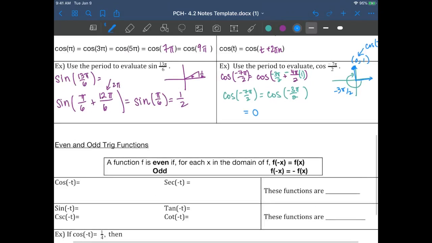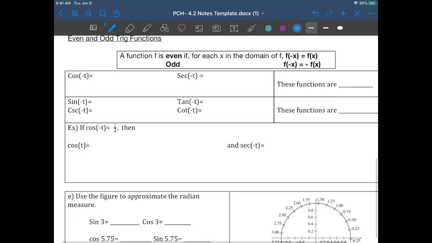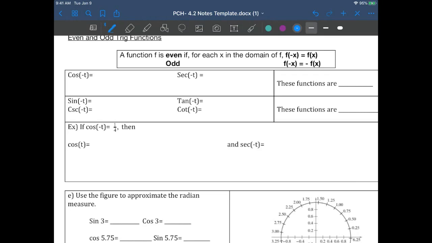All right, trig functions are also even or odd. So just remember, even functions are when f of negative x is equal to f of x, and odd functions are when f of negative x is equal to the negative output, so negative f of x.